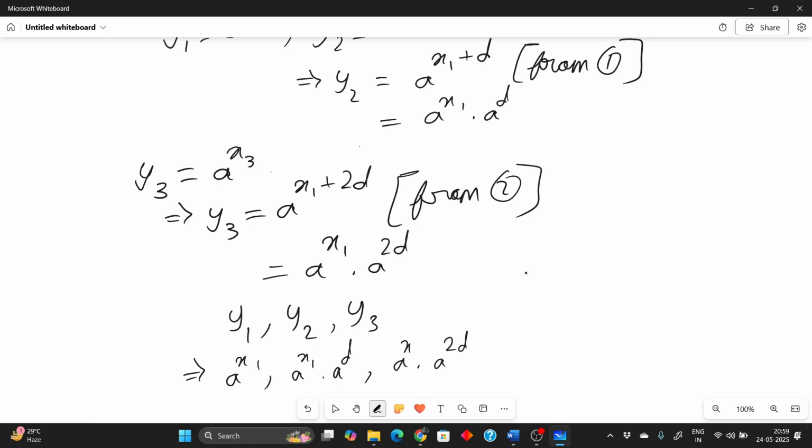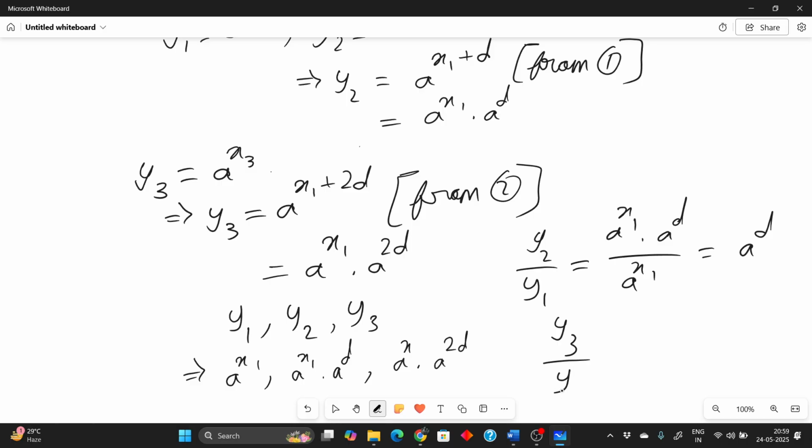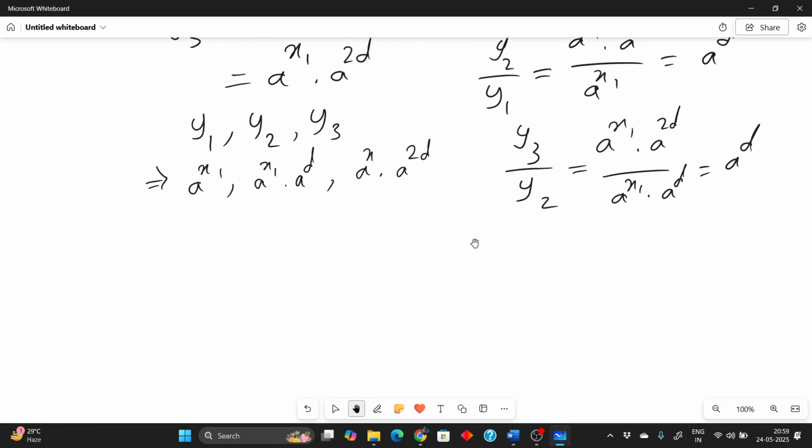So basically, as you can see, y2 by y1 is a to the power x1 times a to the power d by a to the power x1, which is a to the power d. Again, y3 by y2 is a to the power x1 times a to the power 2d by a to the power x1 times a to the power d, which is again a to the power d. So we are having a common ratio a to the power d.